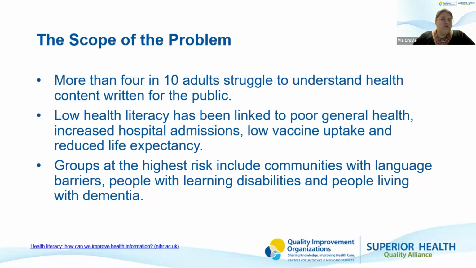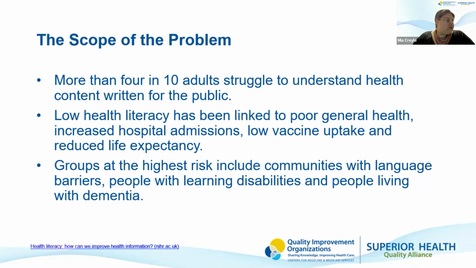We also know that low health literacy, so not being able to easily access, find, use, and understand that information, has been linked to poor health in general. It's also been linked to increased hospital admissions, low vaccine uptake, and reduced life expectancy.